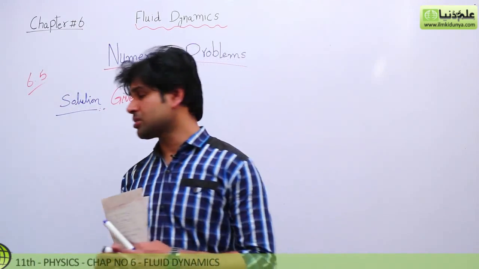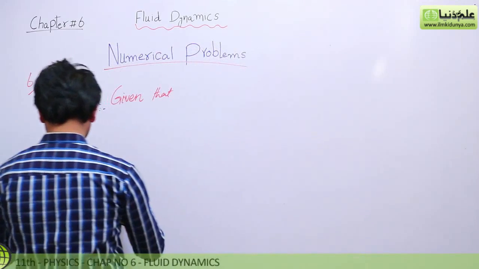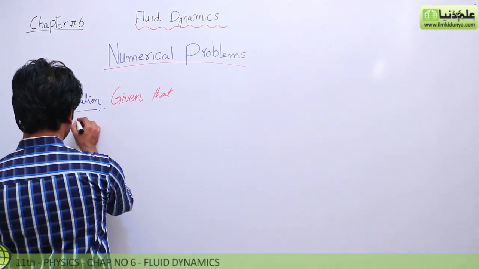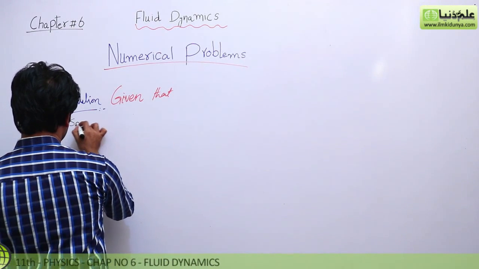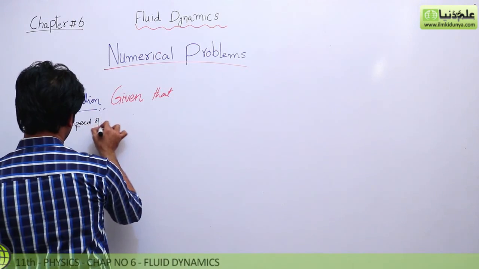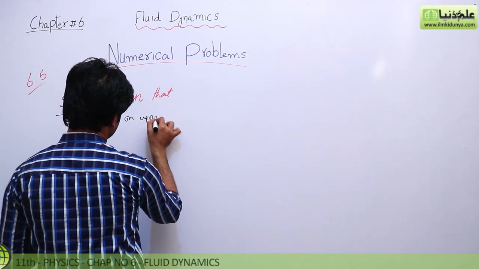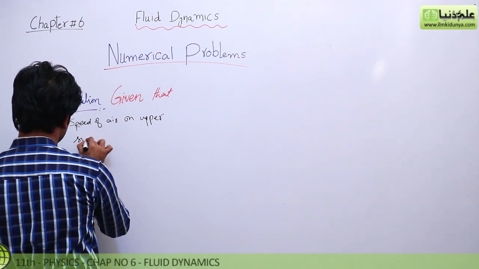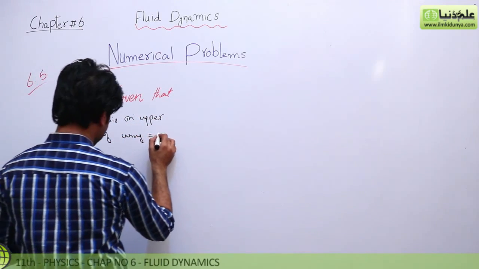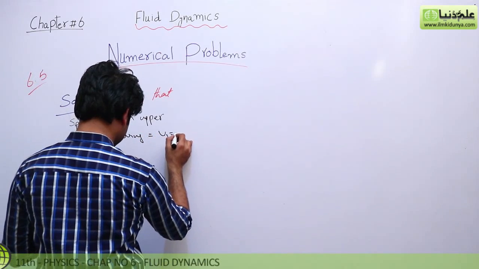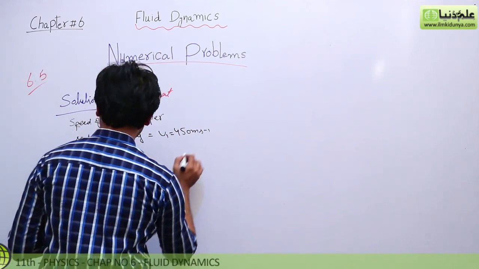Students, to solve this numerical problem, first we will write the given data. Speed of air on upper side of wing, you can write this as V1, which is given as 450 meter per second.